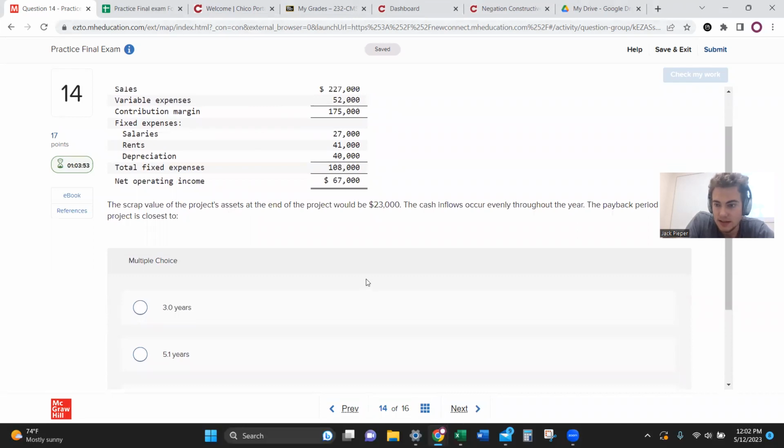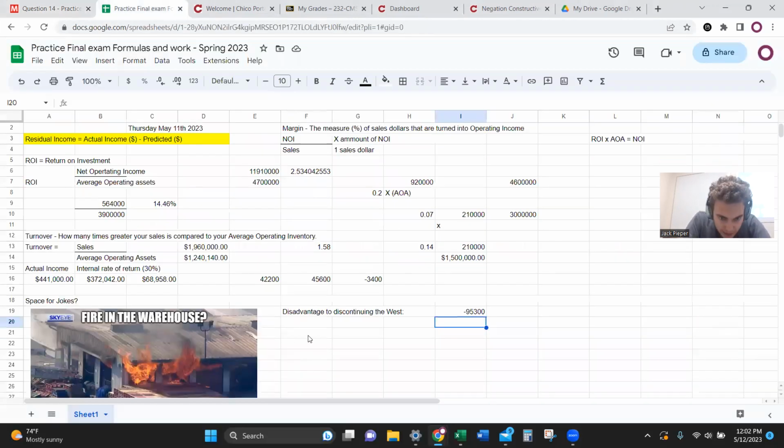Okay, so payback period is literally just the, I'll write down here, payback period is the annual income divided by the... no, I need to get the actual formula.